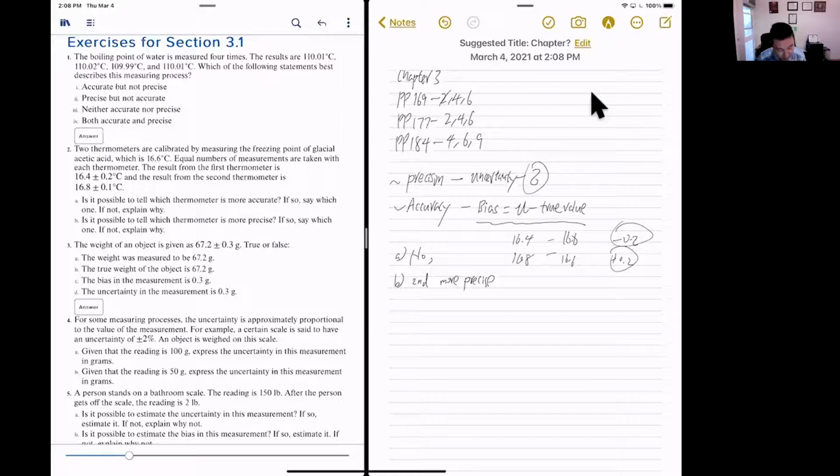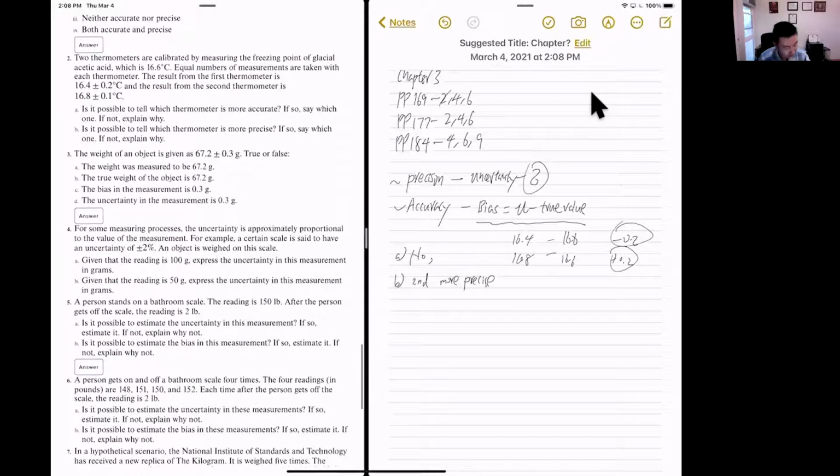Next, question number 4. This one is relatively simple. For measuring processes, the uncertainty is approximately proportional to the value of the measurement. For example, a certain scale is said to have an uncertainty of plus or minus 2%. That's 2% of the measured value.